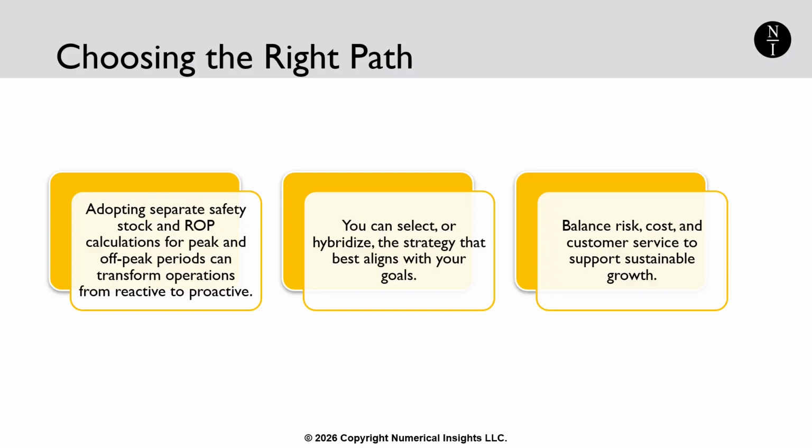By weighing the pros and cons against available resources, data maturity, and demand volatility, you can select or hybridize the strategy that best aligns with your goals. If your business analytics involve tools like Excel or more advanced software, starting with a pilot on key SKUs could yield quick insights. Ultimately, the key is balancing risk, cost, and customer service in a way that supports sustainable growth.